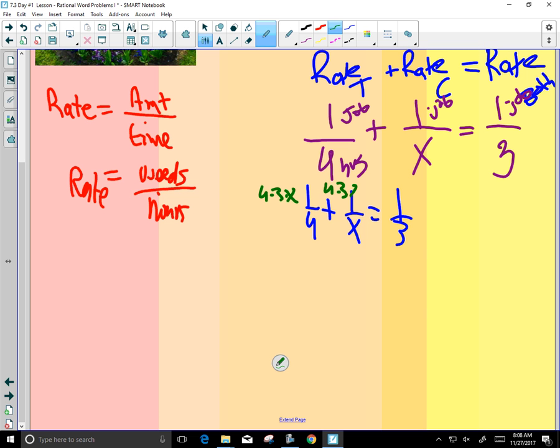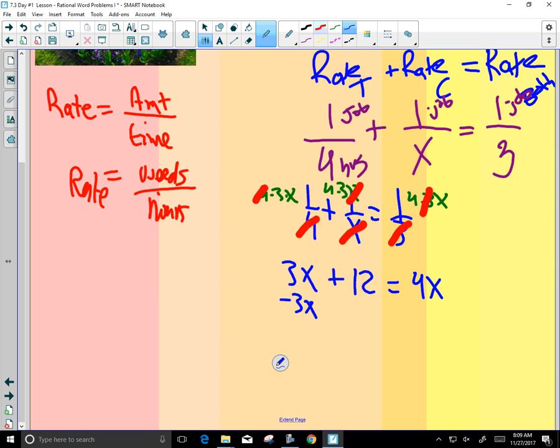And what's neat about this is that you can see the 4's canceling, the x is canceling, and the 3's canceling. So that's going to be 3x plus 12 equals 4x. So if you subtract 3x, you get 12 equal to 4x minus 3x, which is x. So it's actually going to take Carl 12 hours.